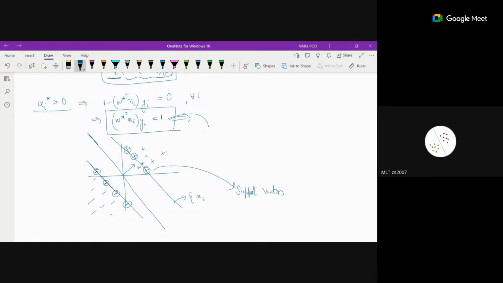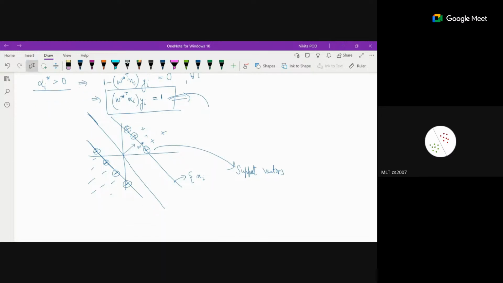So this is fine. We are able to do the compression here, and we are able to find the important vectors which are contributing towards finding this optimal W star that gives me the largest margin. But the question is, what if the data has outliers?